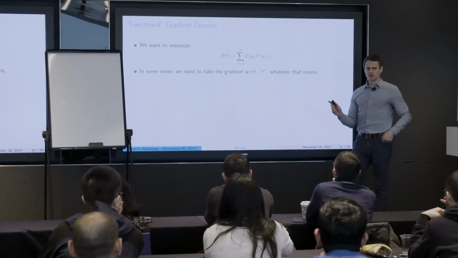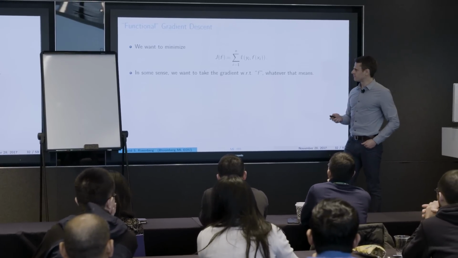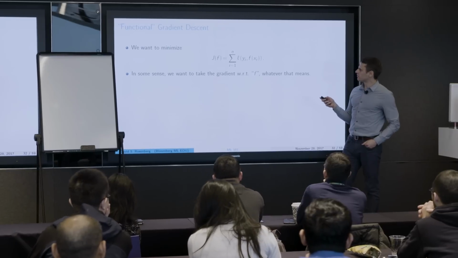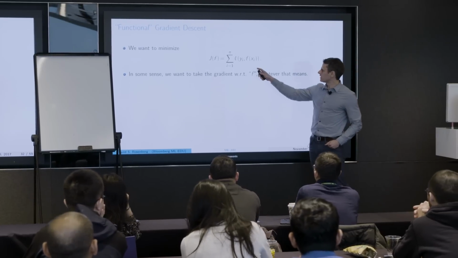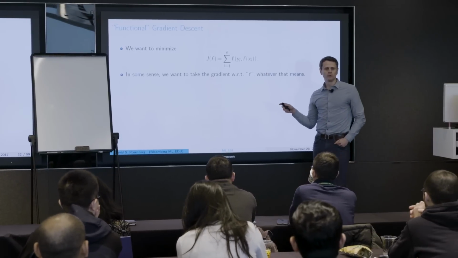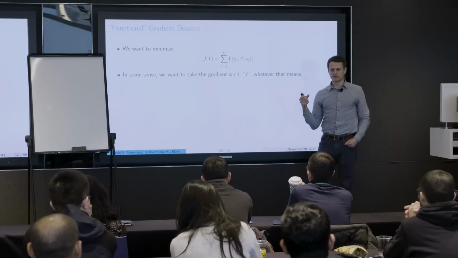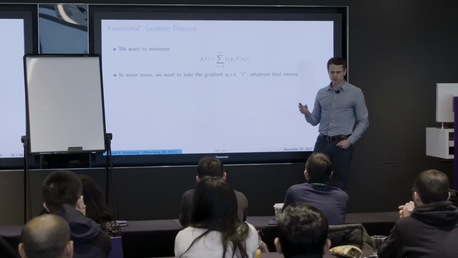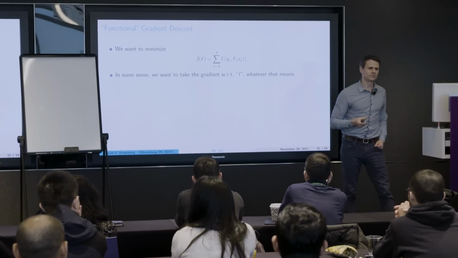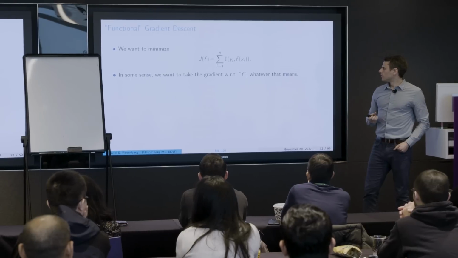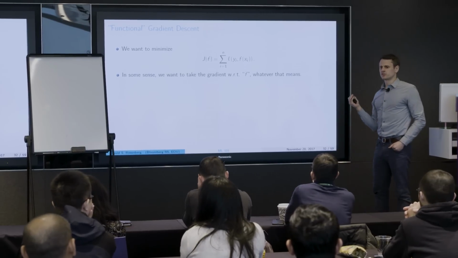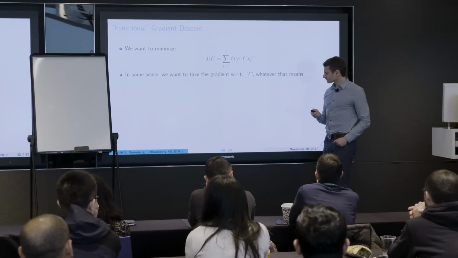But what saves us from getting really deep in a functional analysis is the fact that you can notice that even though f is a function, we only ever use the value of f at n specific points, right? So we only ever examine the function value at the training points.